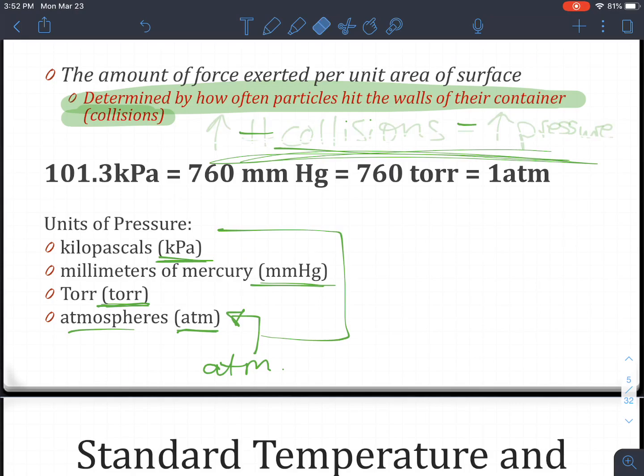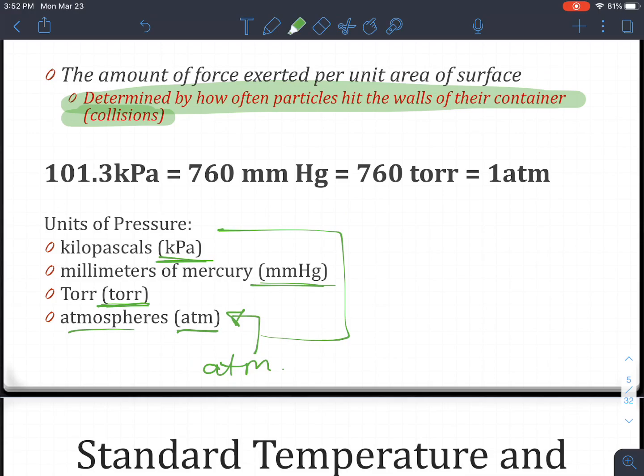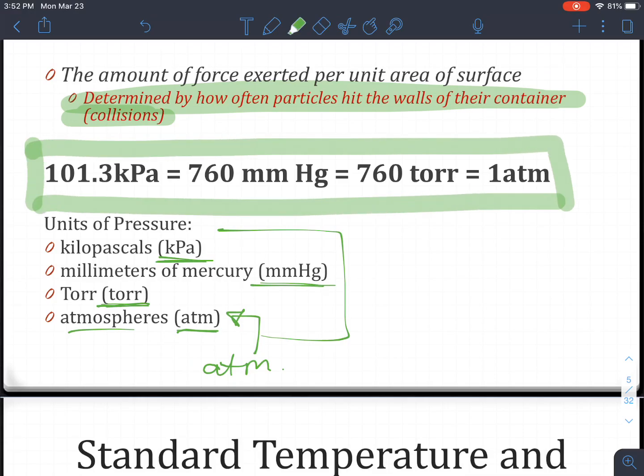Now what you see up top is this little line here. If you haven't already, I do want you to write this down. It says that 101.3 kilopascals is equal to 760 millimeters of mercury, which is equal to 760 torr, which is equal to 1 atmosphere.